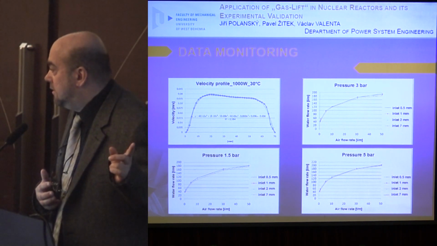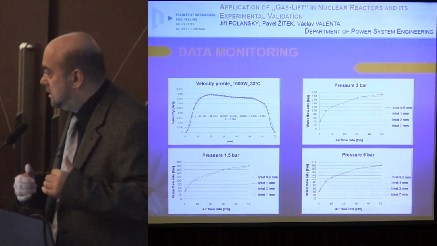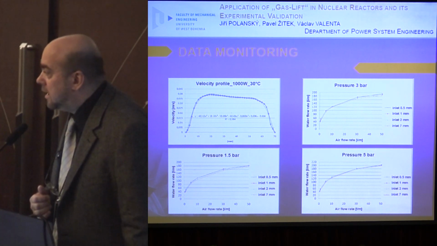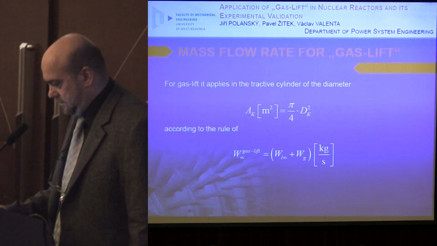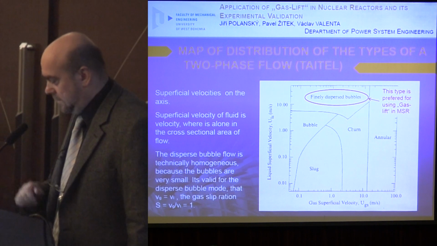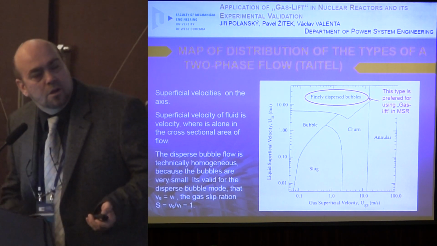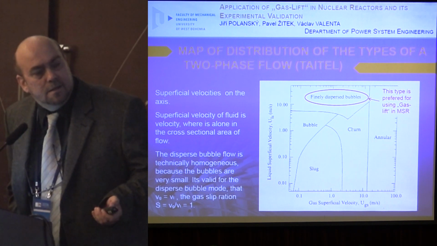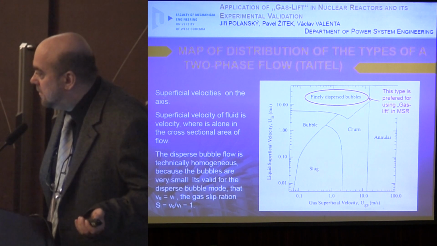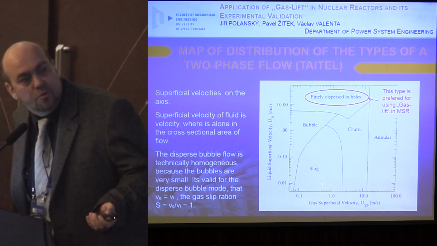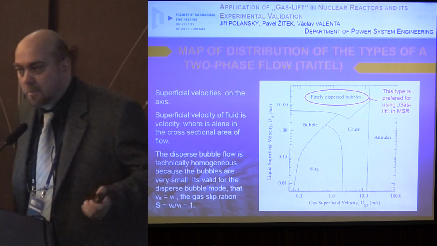But this is because we are not in the good type of two-phase flow, which I mentioned in the beginning. Yeah, it is important to increase the pressure of the gas to be in this type, the dispersed bubble type of two-phase flow.